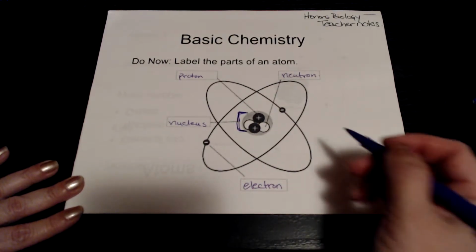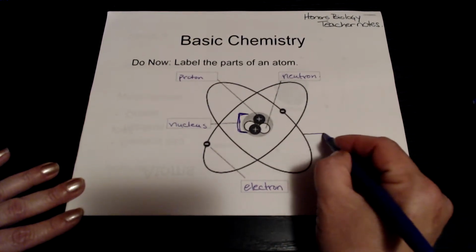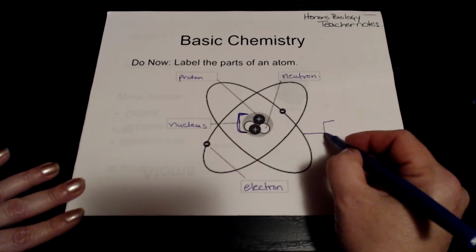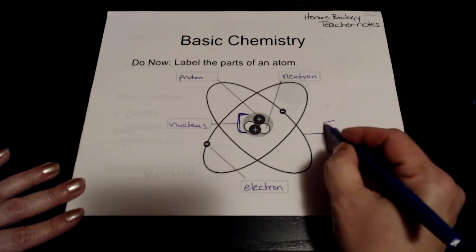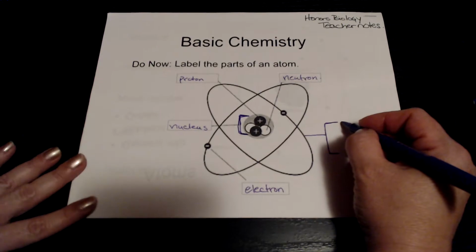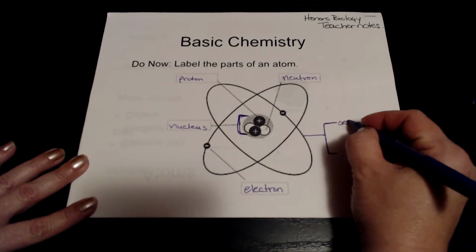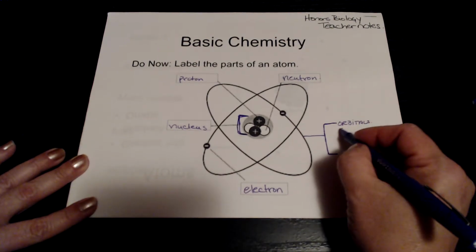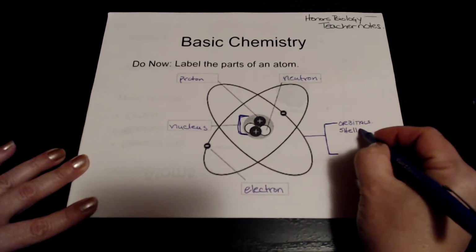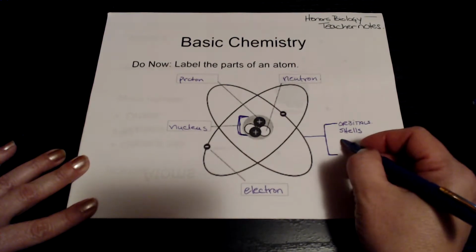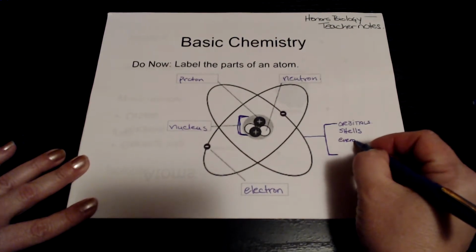Now the only thing this diagram doesn't ask you to label are these guys out here, and you really can call these a couple of things. I'm not picky on what you call them, so whatever you're used to calling them is fine. Sometimes you'll hear people refer to them as orbitals. You can also call them shells, which it sounds like what you guys are used to calling them. And sometimes you can call them energy levels.